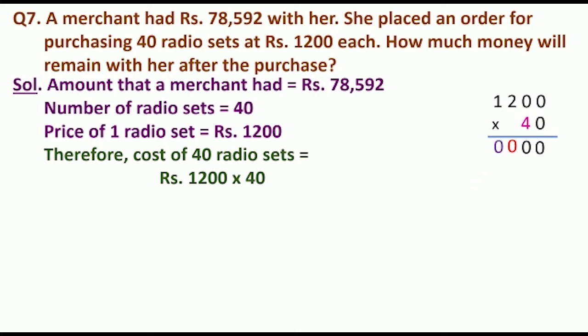Now we will put 1 zero. Then we will multiply this 4 by this 1,200. Okay, now 4 into 0 will be 0, 4 into 0 will be 0, then 4 into 2 will be 8 and 4 into 1 will be 4.